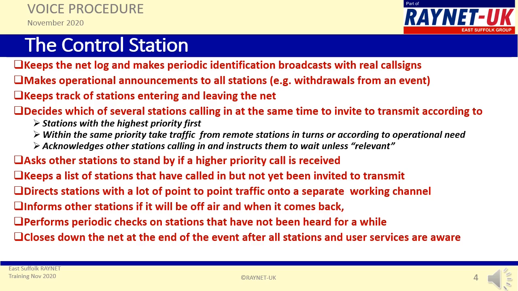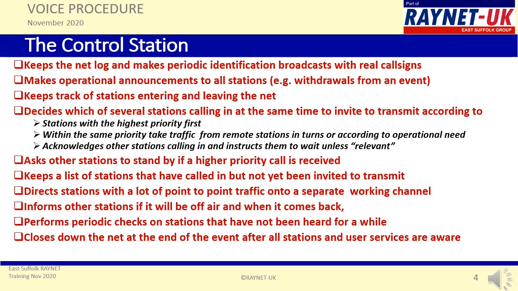So you need to allow time for the control station to keep up with the log as well as keeping up with traffic. The control station makes operational announcements to all stations, such as the competitors who have withdrawn from an event. The control keeps track of stations entering and leaving the net and decides which of several stations calling in at the same time should be invited to transmit.